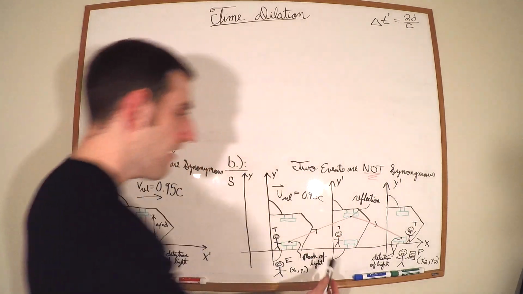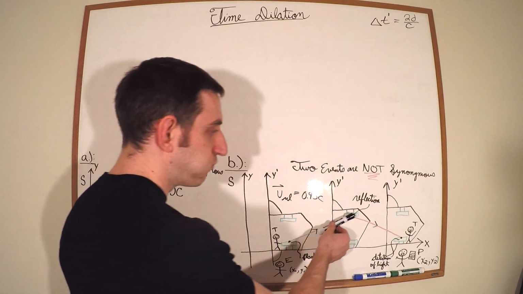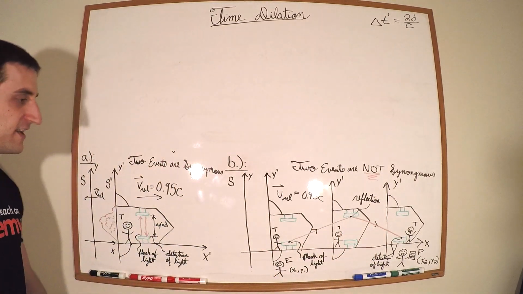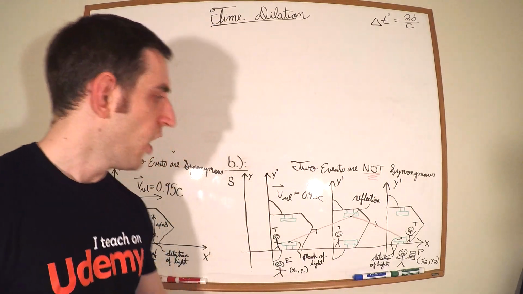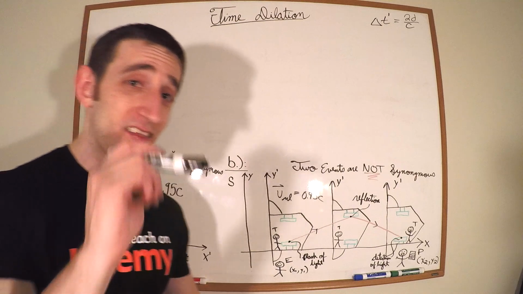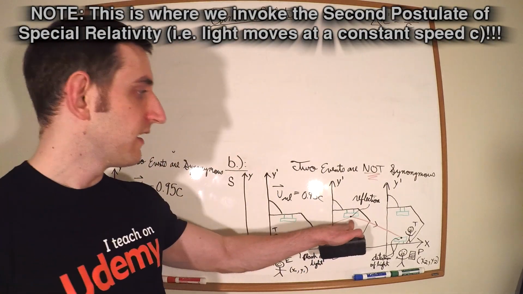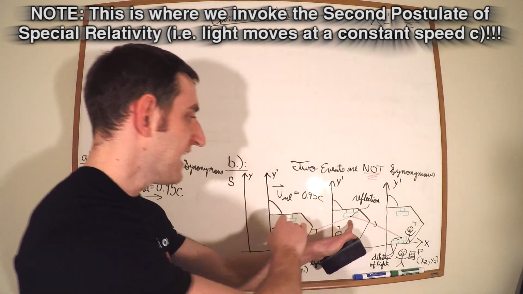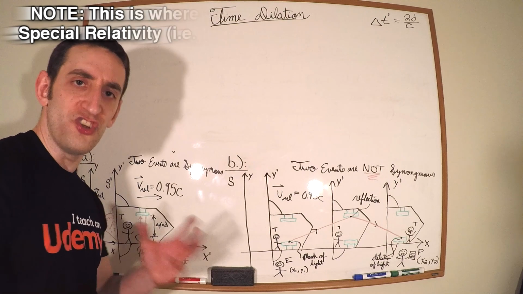So Eric and Philip see that the light has to go along this distance here, and it may be longer, it may be shorter. We don't know yet. What we do know is that it's going to travel at the speed of light, and we can take the fact that it has to move at this angle, and we can do some cool geometry stuff.